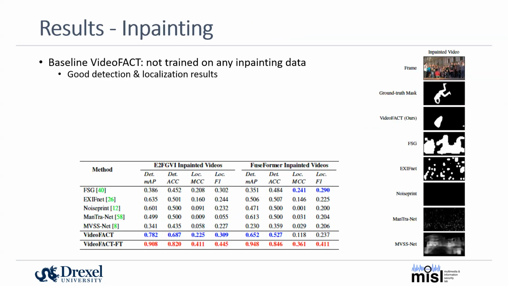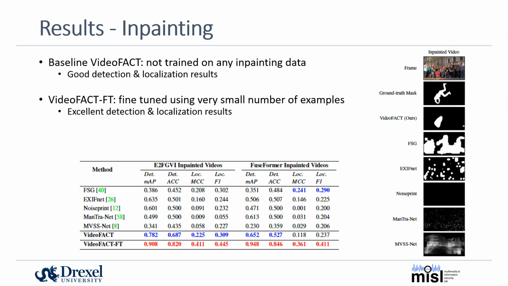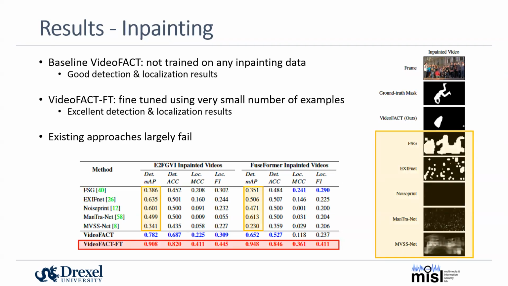On in-painting, our baseline model, which has not been trained on any in-painting data, obtained good detection and localization results. We also present VideoFACT fine-tune, a fine-tuned version of our baseline using a very small number of examples. This achieves excellent detection and localization results. And again, we see that existing approaches largely fail.